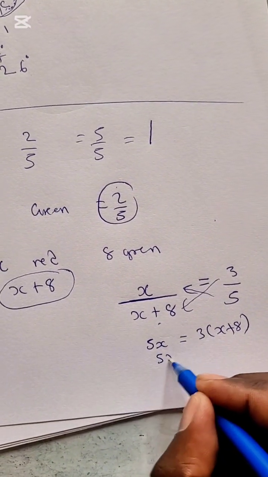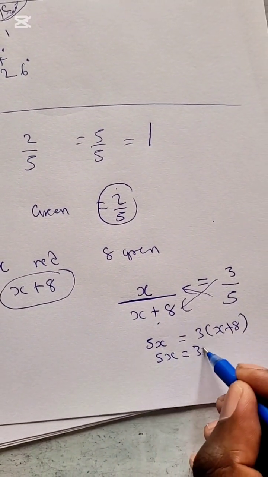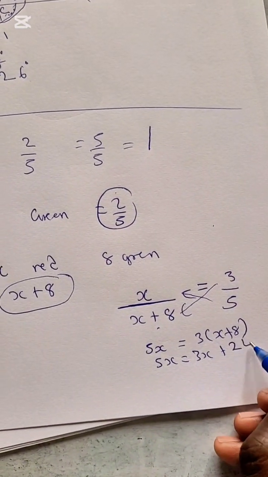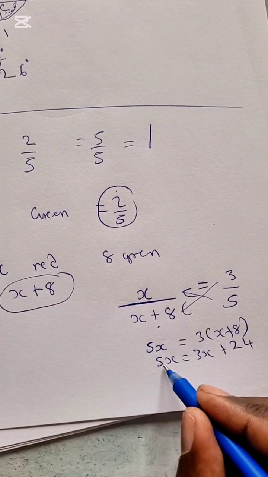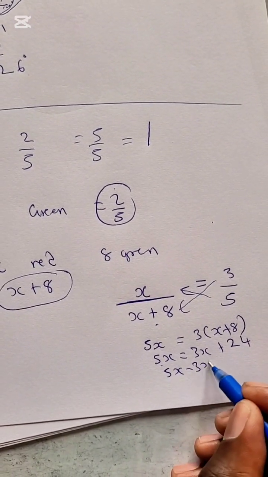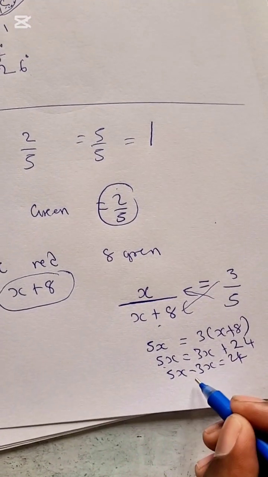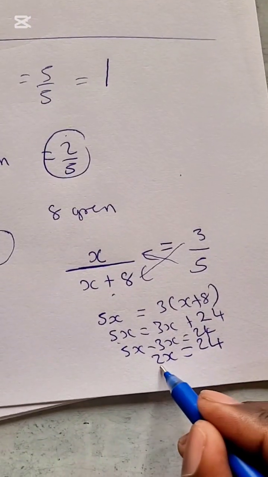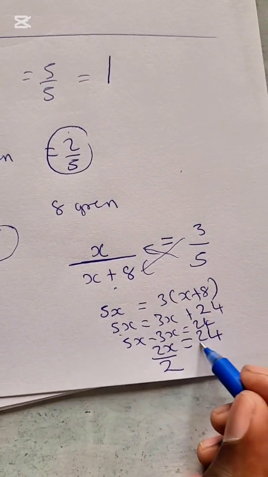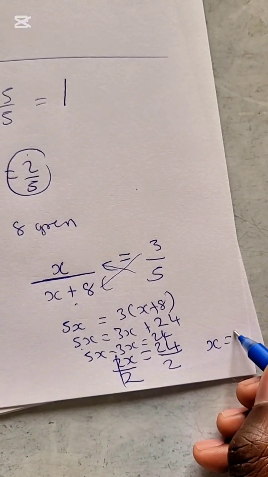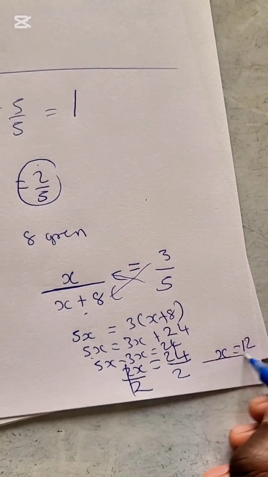So that will be 5X is equal to 3X plus 3 times 8, that will be 24. So 5X minus 3X is equal to 24. Then 2X is equal to 24. Then divide both sides by 2. So X is equal to 12.